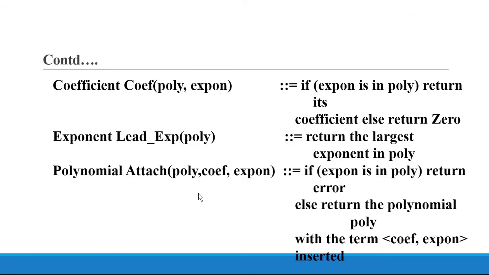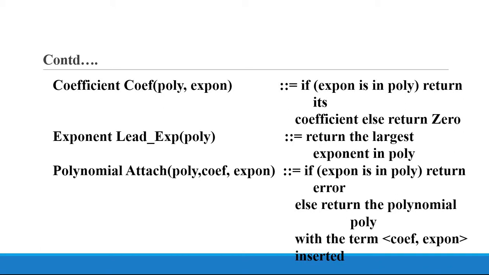The next one is, if you pass the polynomial and a particular exponent, you can return the coefficient in that polynomial for that particular exponent. So what are the two arguments we have to pass?